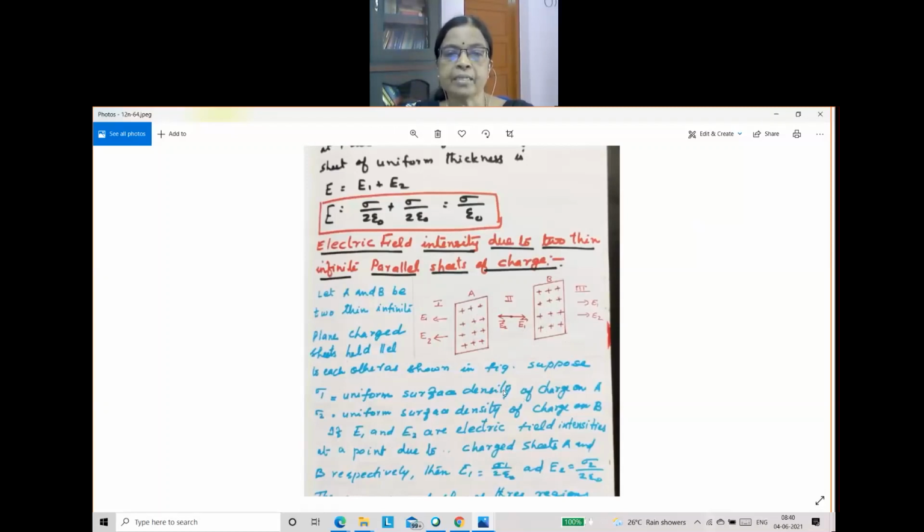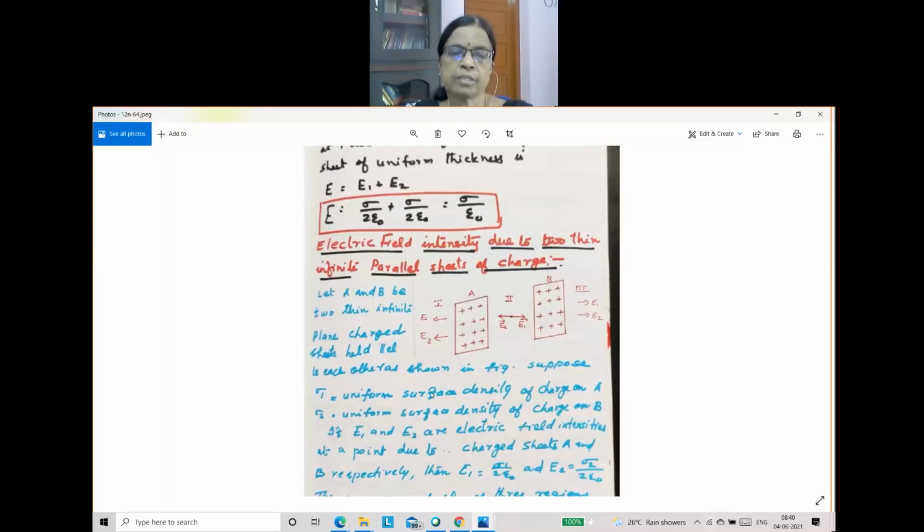That means one region in between the two sheets, one region on the left side of the sheet A, and another region on the right side of the sheet B. Like that, three regions are created.